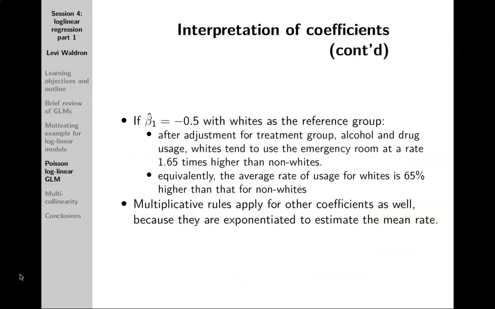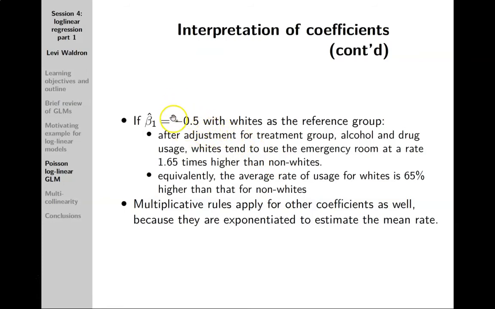All right, so just to write that out, again, that interpretation is that if this coefficient of race, beta 1, is equal to minus 0.5 and whites are the reference group here, then that means that after adjusting for treatment group, alcohol, and drug usage, in this regression model, whites tend to use the emergency room at a rate 1.65 times higher than non-whites.